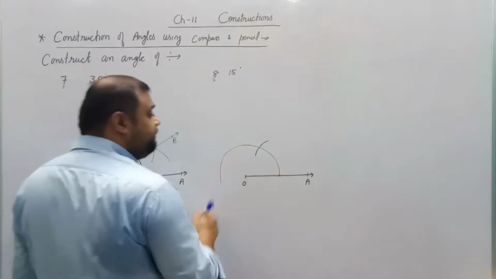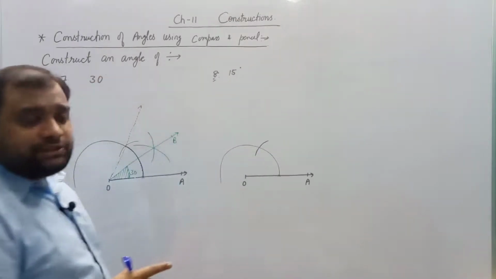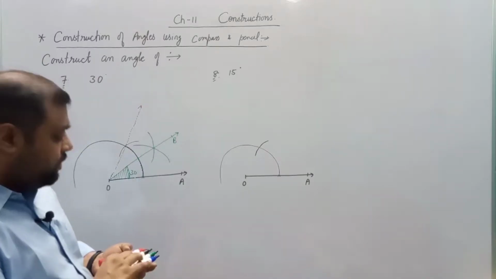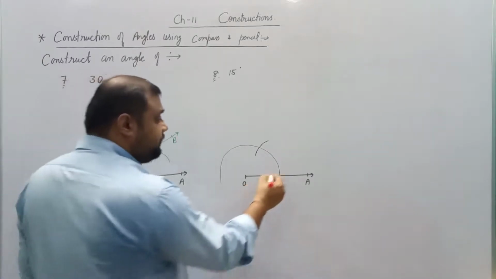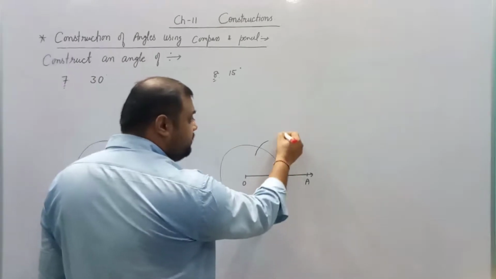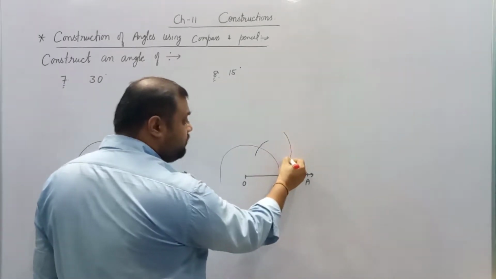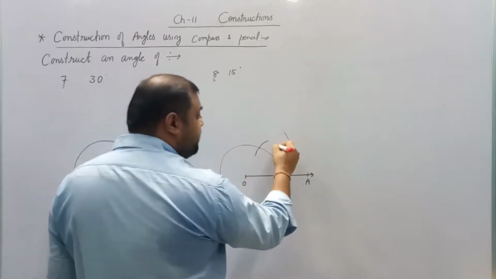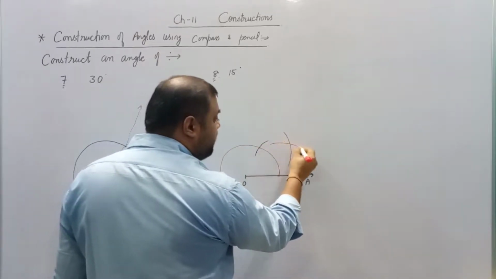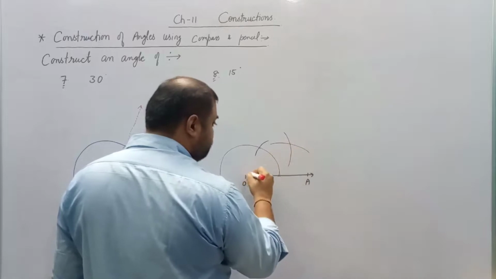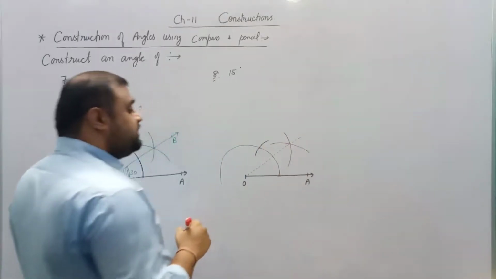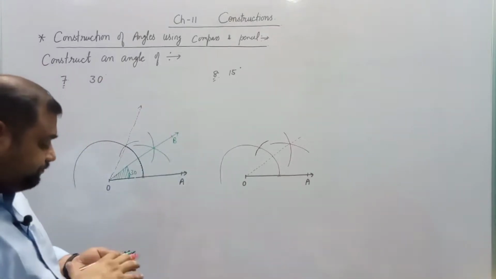So this is 60, half of 60 is 30. So construct an angle bisector of 60 degrees, taking this point as center, draw an arc, taking this point as center, draw another arc. So this is 30 degrees.